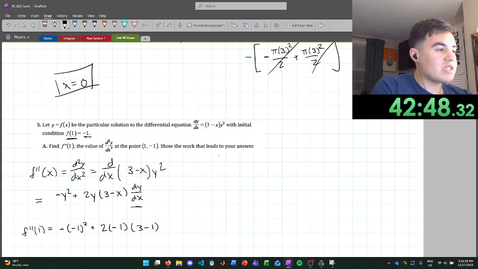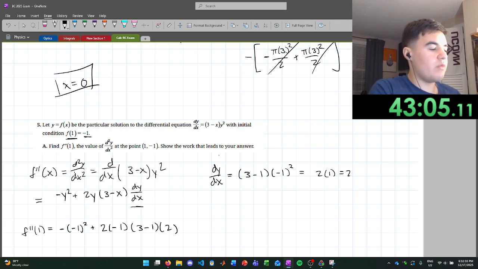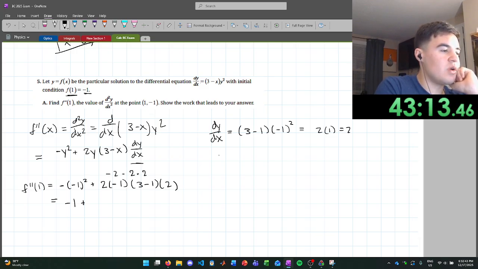We also want dy dx at x equals 1, y equals -1, so we can evaluate that. dy dx is equal to 3 minus 1 times -1 squared, which is 2 times 1, or 2. So this is times 2. We plug all these values in. We end up with -1 plus, this is -2 times 2 times 2, or -4, -8. So it's going to equal -9.